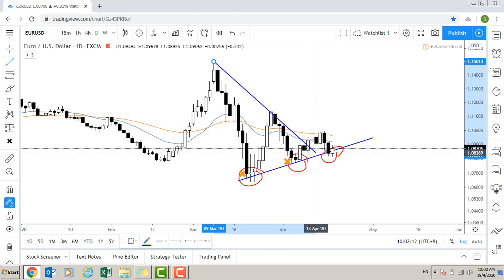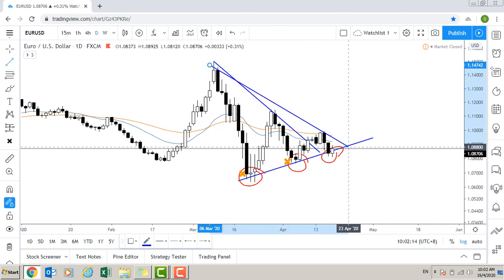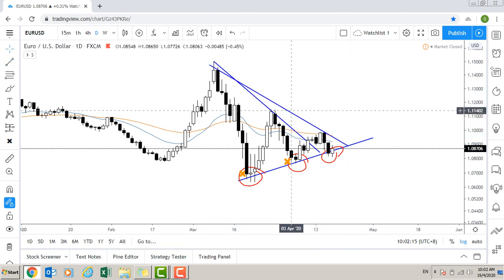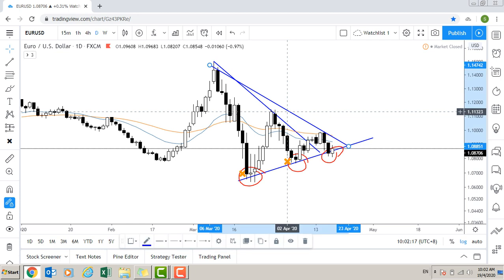So if you connect this point or this point, I don't know which resistance area is the connection, the trend line going down is not so perfect in this situation.